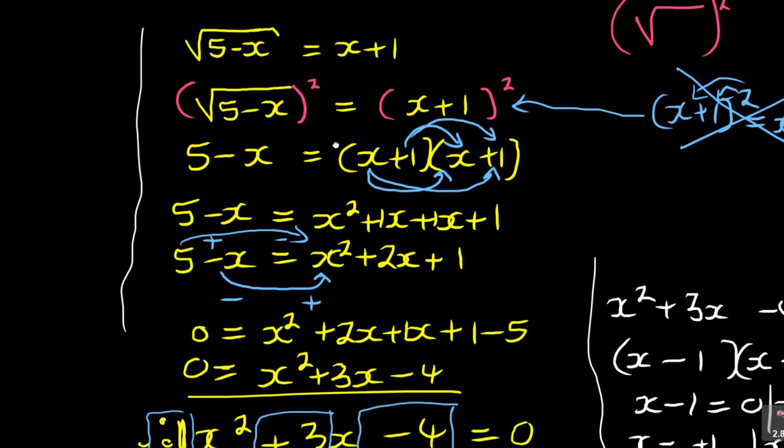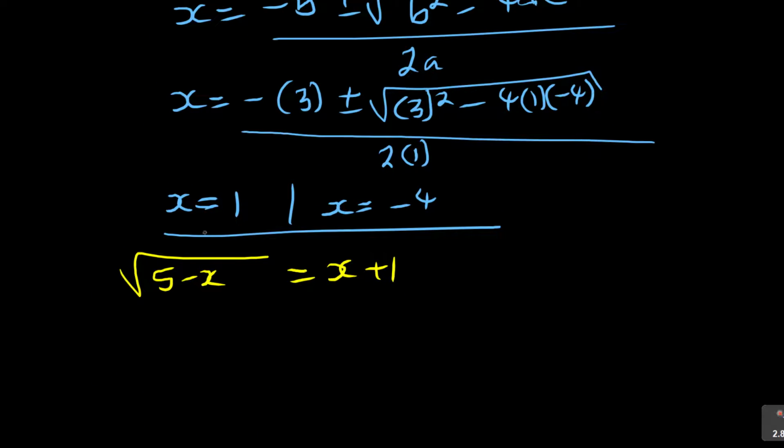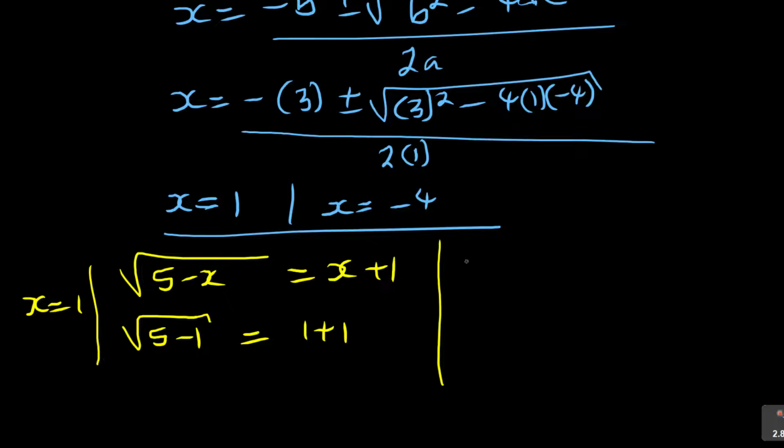So what you do, you come here and say when x is 1, it's square root of 5 minus 1 is equal to 1 plus 1. That is when x is equal to 1. What about when x is equal to negative 4? So you'll have square root of 5 minus bracket minus 4 is equal to minus 4 plus 1.